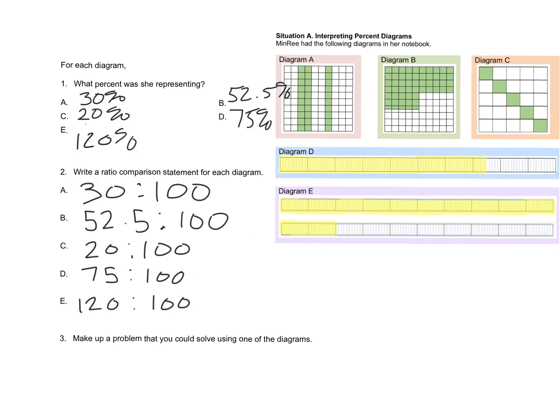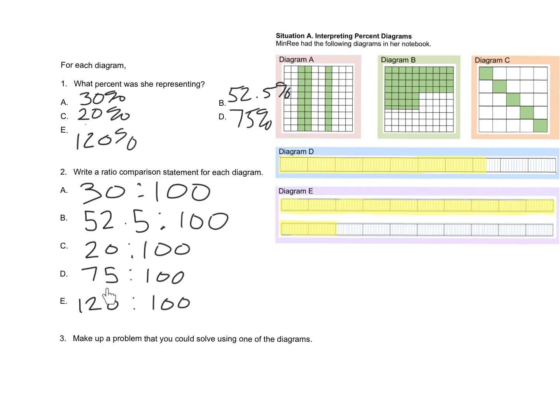Now, to write a ratio for each, I wrote the ratios down here, but we might say something like there are 30 squares shaded for every 100. The ratio of shaded squares to total squares is 52.5 to 100. We might say for every 25 squares, there are 5 squares green.